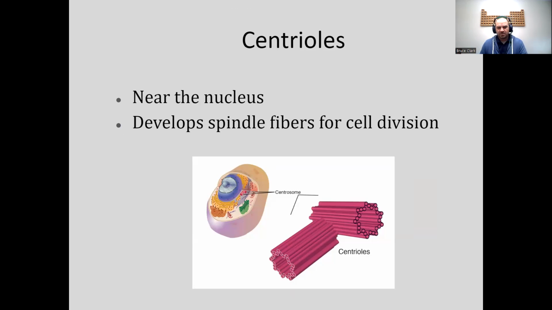All right. Next cell part is one that we're going to be talking about more when we get to cell division, but it's good to introduce it here. And these are centrioles. They kind of just sit in cells dormant for most of the time until it comes time for cells to divide and reproduce. So when it's time to reproduce, these things kind of get turned on and they go to opposite ends of the cell and they drive that cell division there.